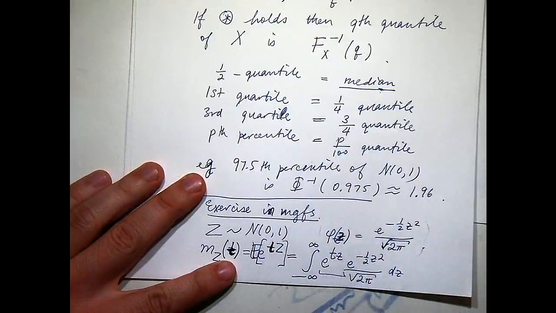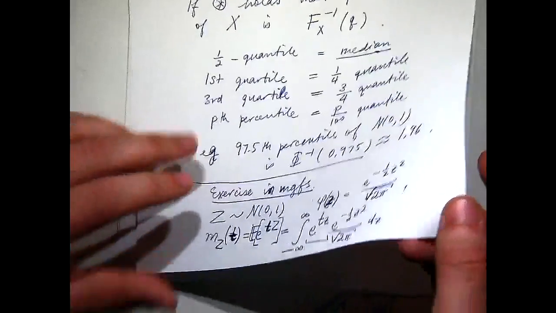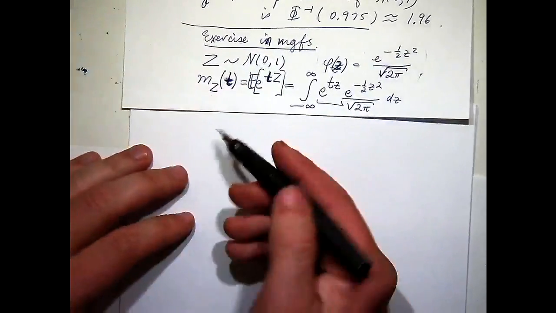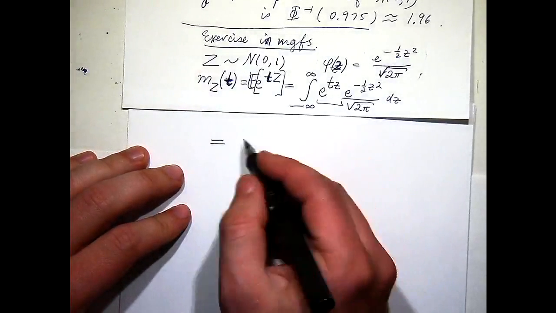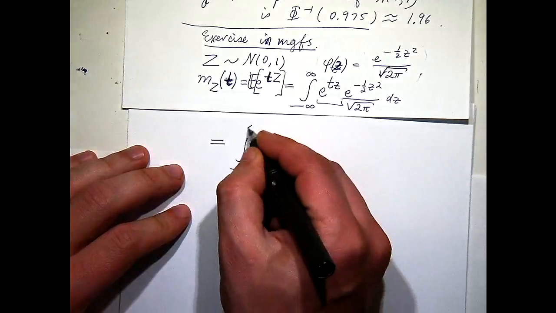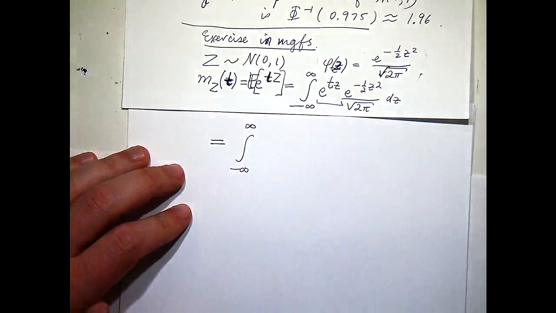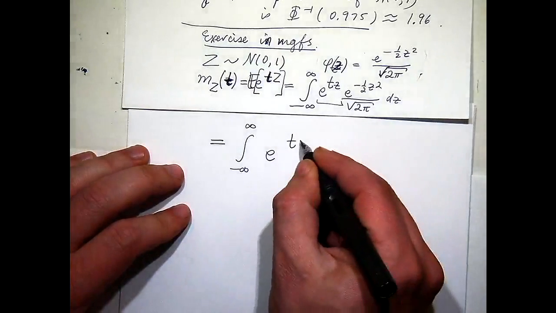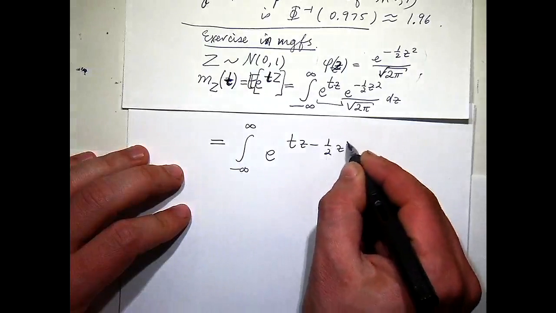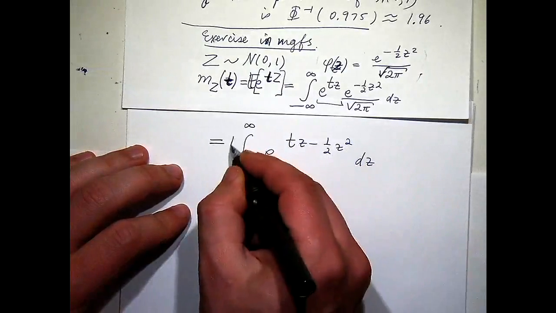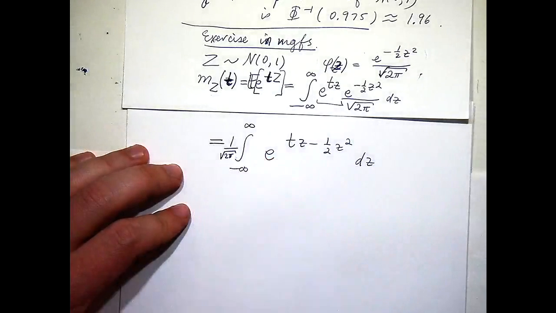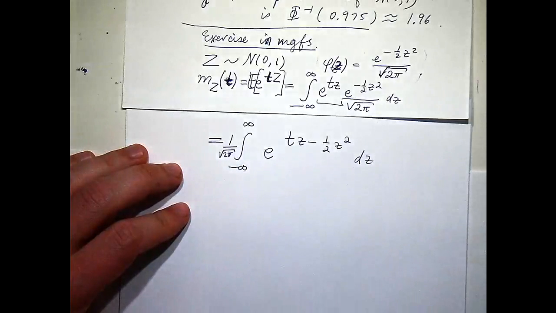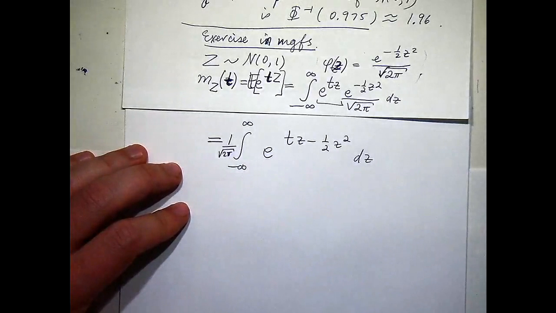You just do the integral of the function times the density. The function of z is equal to tz, and the density is e to the minus half z squared over root 2 pi. What you do next is not quite so obvious, but if you've done a lot of calculus exercises, you'll be very familiar with the fact that if you don't know what to do with something that involves quadratics, what's the most useful operation you can do to a quadratic? I'll put the 1 over root 2 pi at the front because that's a constant. Most useful operation on quadratics.